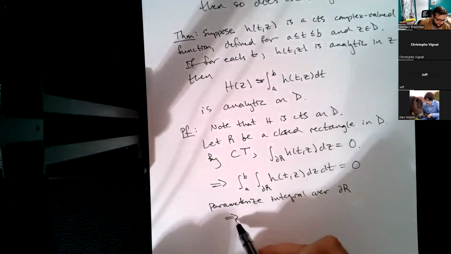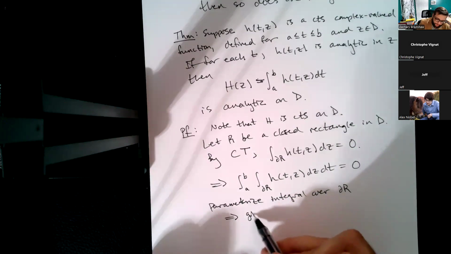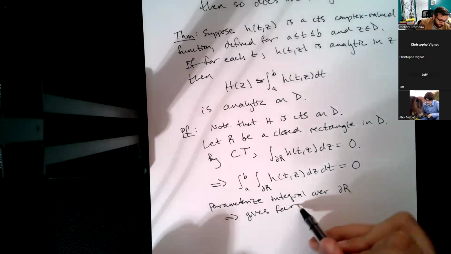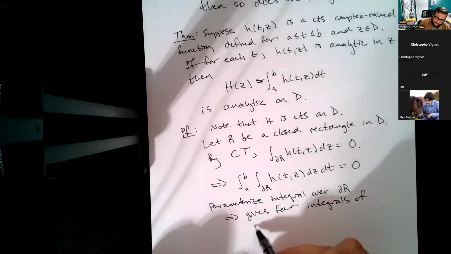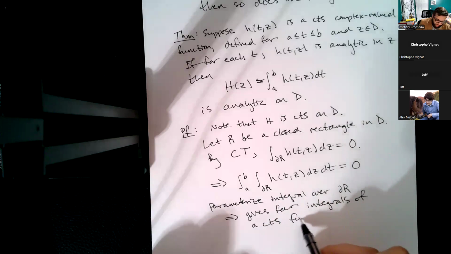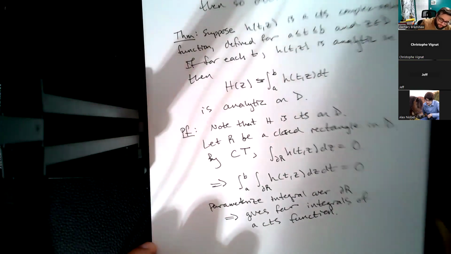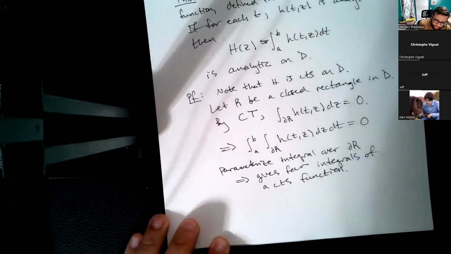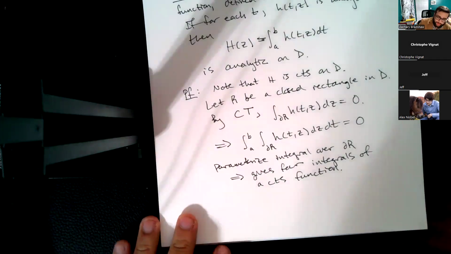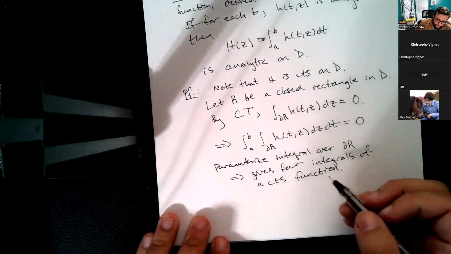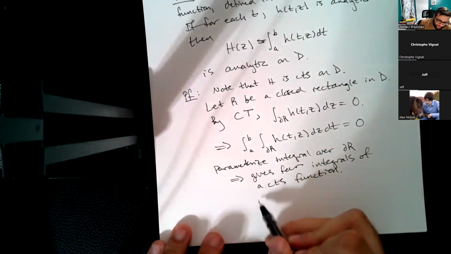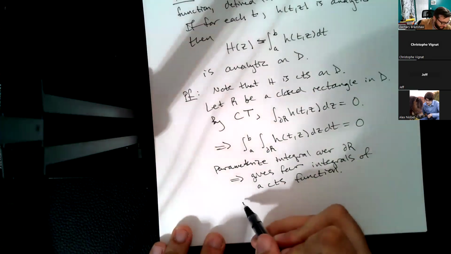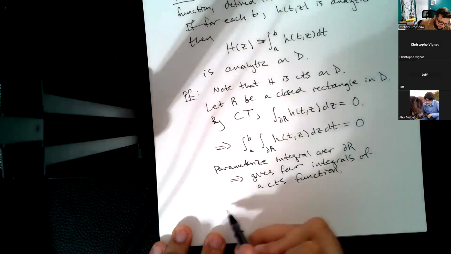And what this does is it gives us 4 integrals of a continuous function. And what we can do, due to the analyticity of h, is swap the order of integration here.